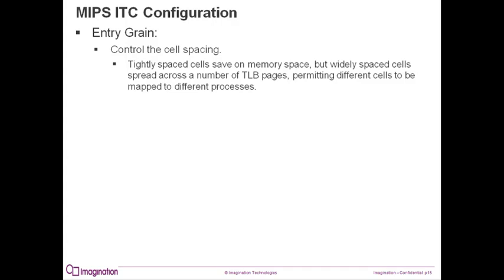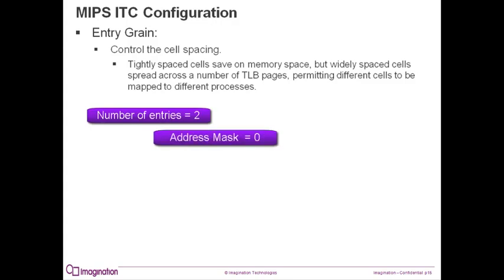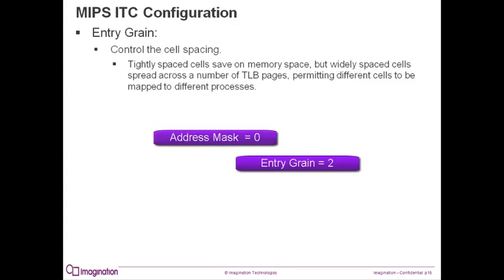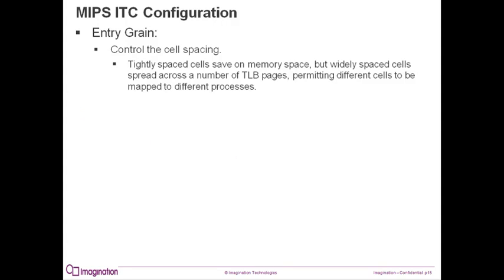One thing to take into account: depending on the setting of the address mask, number of entries, and entry grain, it is possible that ITC cells do not fill up the entire ITC address block. For example, if you have only 2 cells and they are mapped to a 1K byte area with a stride of 256 bytes, the first cell starts at offset 0 and the second cell at offset 100.